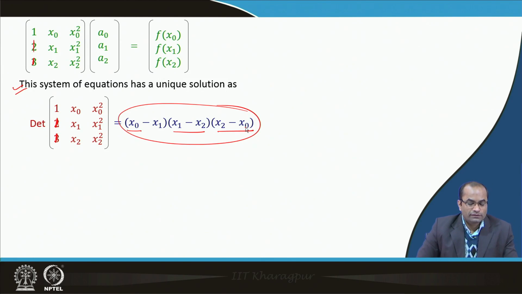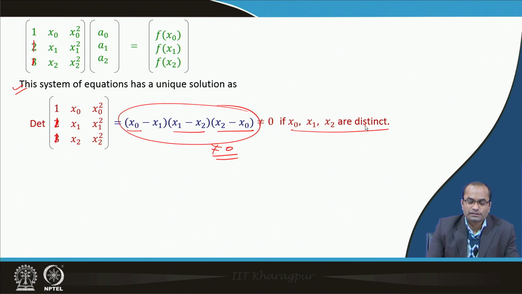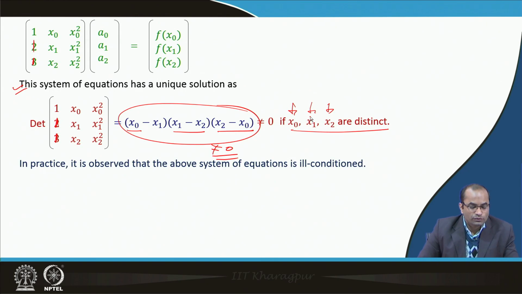So, if these points x 0, x 1, x 2 are different, the value here will be non-zero, and once we have this determinant non-zero, we know that there will be a unique solution. They are obviously distinct points, so definitely we have this unique solution.